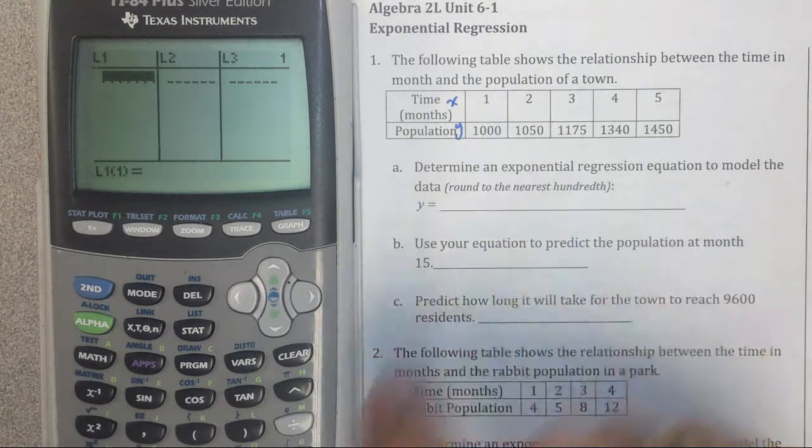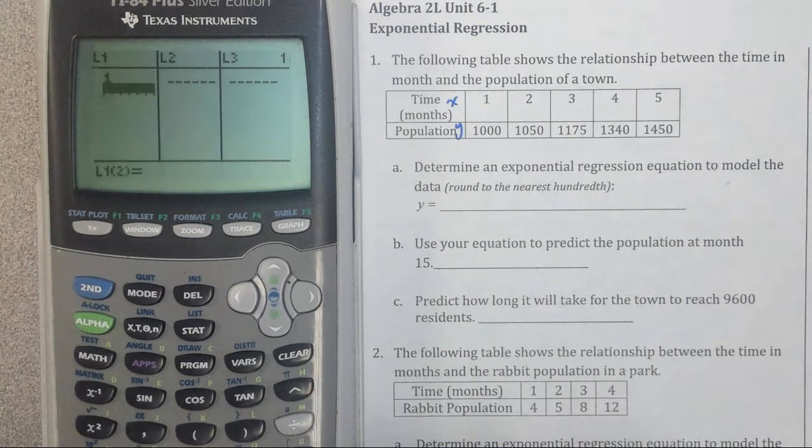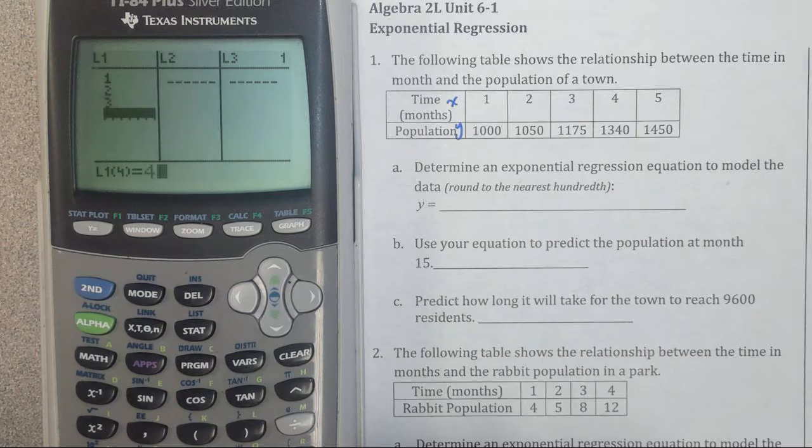So we're going to put all the x's in first. 1, enter, 2, enter, 3, enter, 4, enter, 5, enter. Then we go to the other side. You have to go to the right over. 1000, enter. 1050, enter. 1175, enter. 1340, enter. 1450, enter.